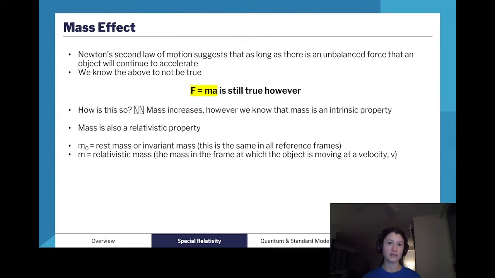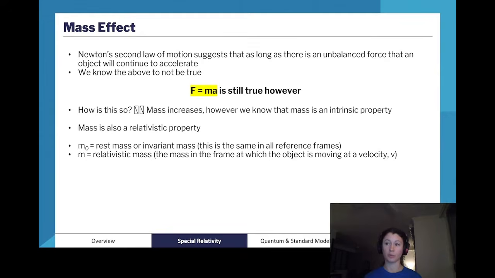When we continue to put an unbalanced force on an object, we're applying a force. At a certain point, it will actually stop accelerating as much, right?